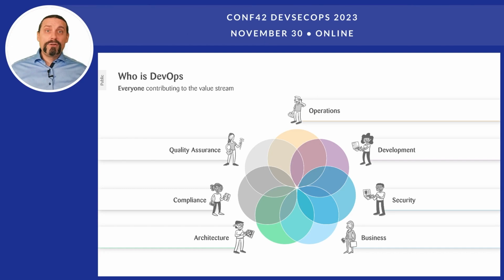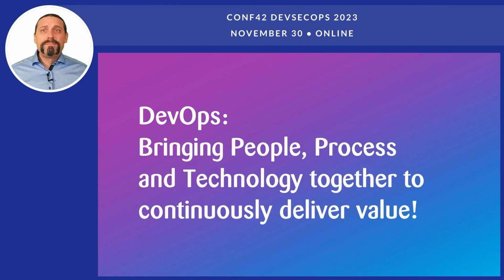We need a term like DevSec, Biz, Arc, Comp, QA, Ops, and I'm pretty sure I have forgotten someone. We can also call it DevXOps or DevStarOps, or we just call it DevOps, because DevOps is about bringing all the people, process, and technology together to continuously deliver value. This is what DevOps is.